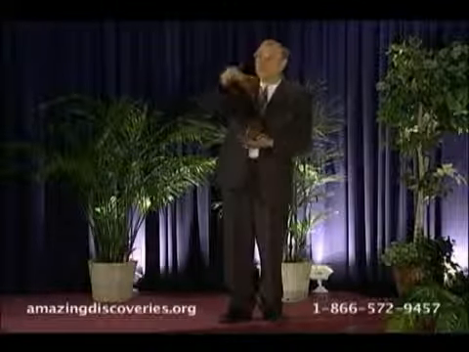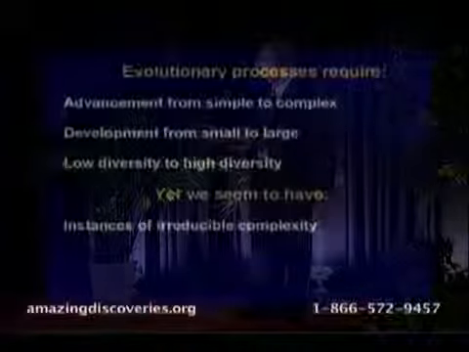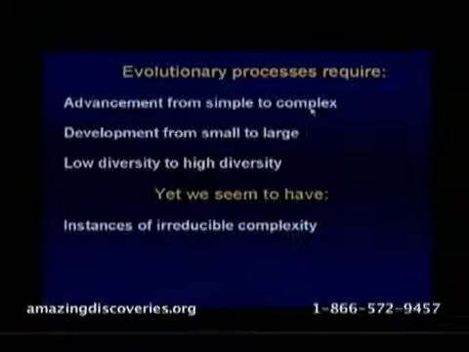So they have to be complete. Everything has to be there. Boom. Some of the organelles and structures in living organisms are so complicated and need so many building blocks and parts that if they're not complete, they wouldn't work. So, boom, everything has to be there at the same time. So we don't have advancement from simple to complex.